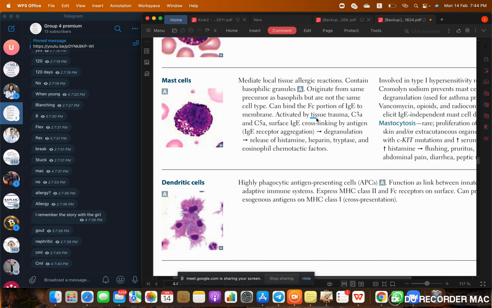The mast cells also do one more thing. Here they write tissue trauma. Yeah, true. When you get a hit, the mast cells can degranulate. But now I'm going to tell you something you will never forget. If you are doing cardio, running on the treadmill for, let's say, half an hour straight at a really high speed, and you suddenly stop, you are going to feel a little bit of burn on your skin.